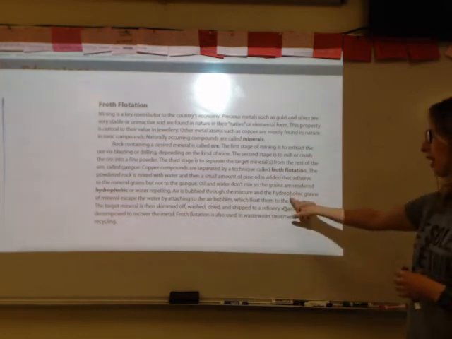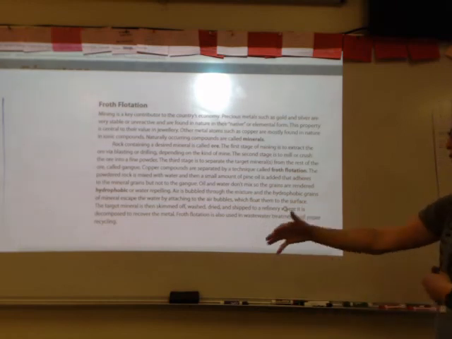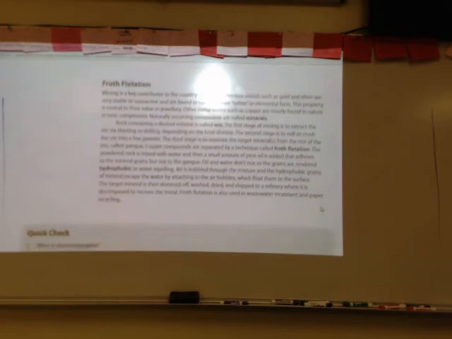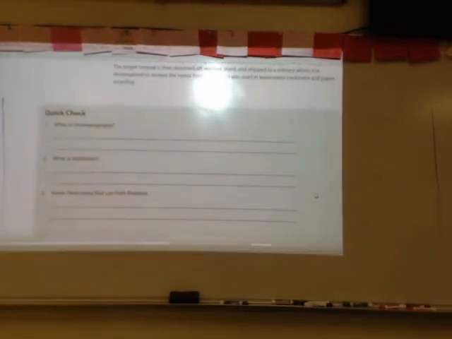Air is bubbled through the mixture, and then we can pull off those grains, which are now air bubbles floating on the surface. And we just skim it off, we wash it, we dry it, and we ship it to a refinery. We also use froth flotation in wastewater treatment and paper recycling.